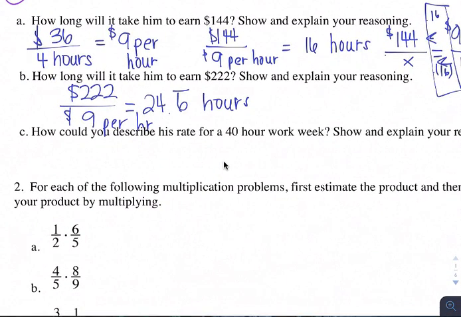Okay, and then the last one, it says, how could you describe his rate for a 40-hour work week? Well, 40 hours is equal to 1 week. How much does he get paid? I'm going to set it up like this. 40 hours over 1 week. He gets paid $9 an hour.